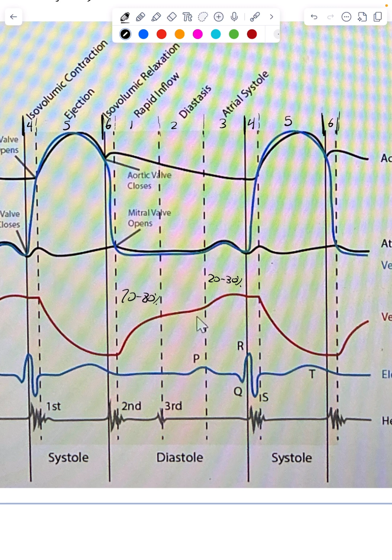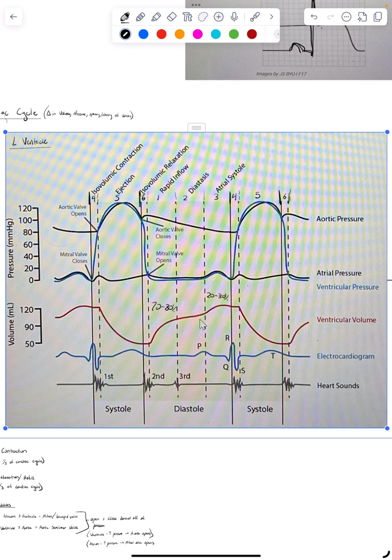So then what happens is now there's more pressure, because this contracts, there's a lot of volume here, and this is also contraction of the ventricles, so pressure is going to increase, right? And when pressure increases, it's going to cause the aortic valve to open, causing blood to get into the aorta.